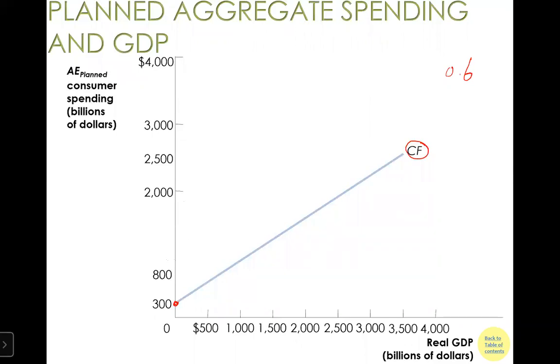The consumption function is essentially the consumers' plan for their consumption, and their consumption will adjust with disposable income. But disposable income equals real GDP in this simplified world.